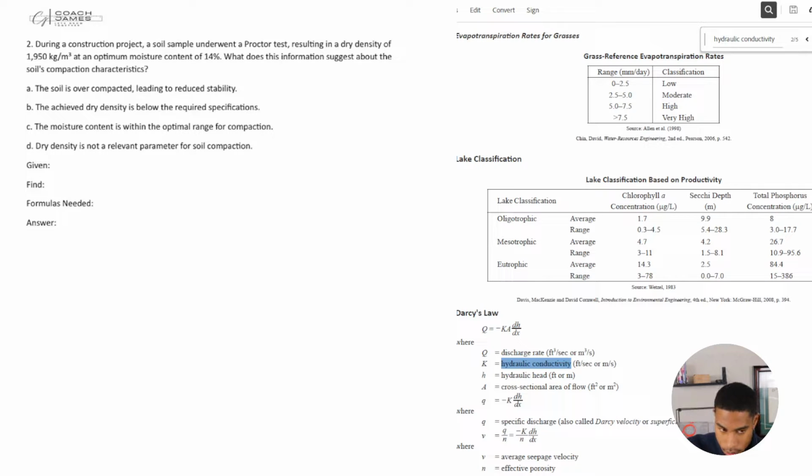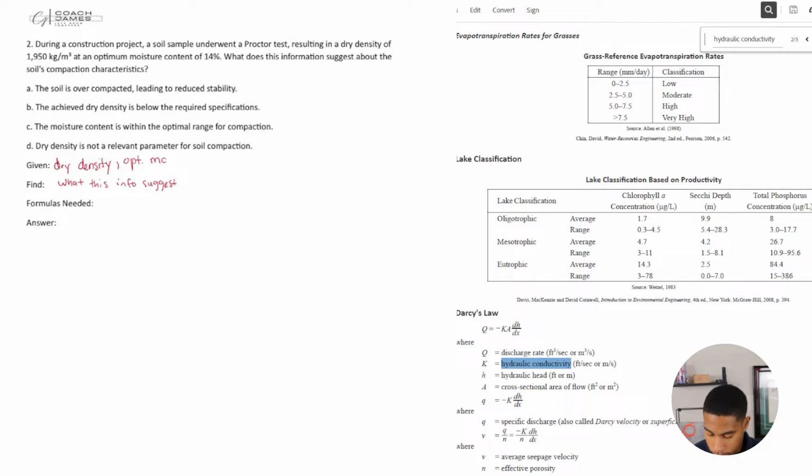We are given the dry density, and we're also given the optimum moisture content, right? And we want to find what this information suggests, right?